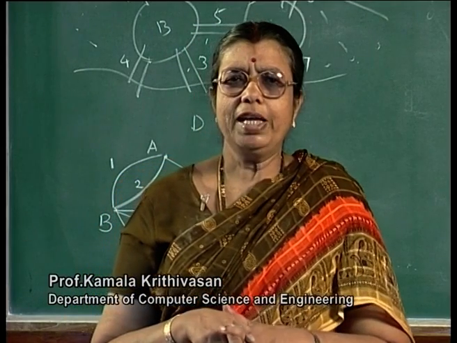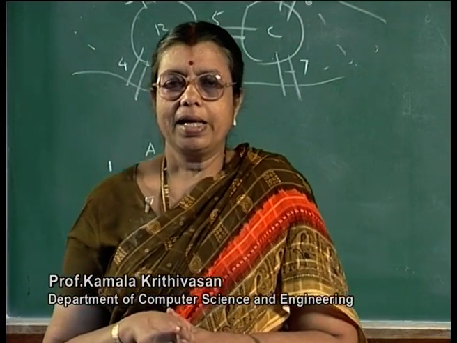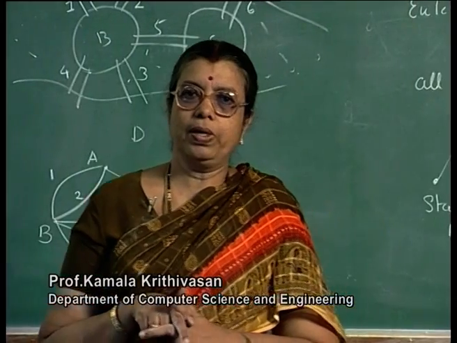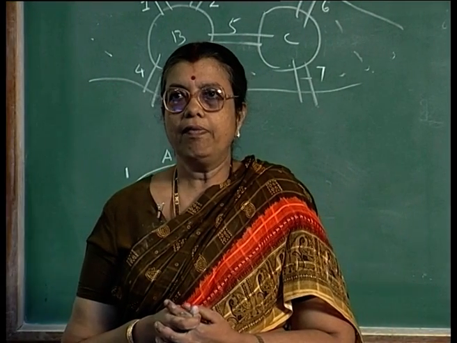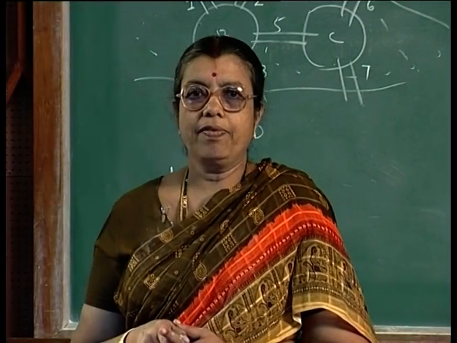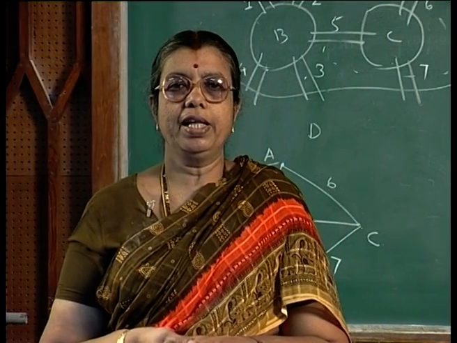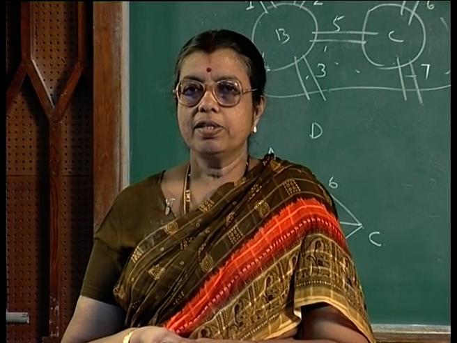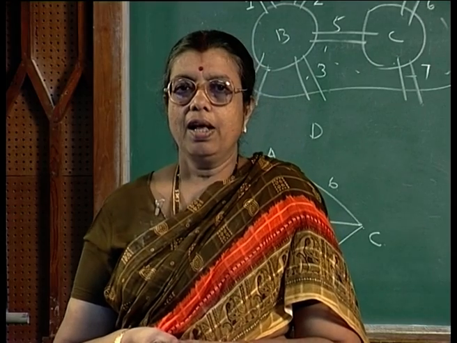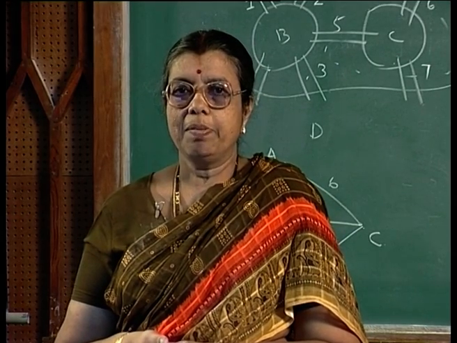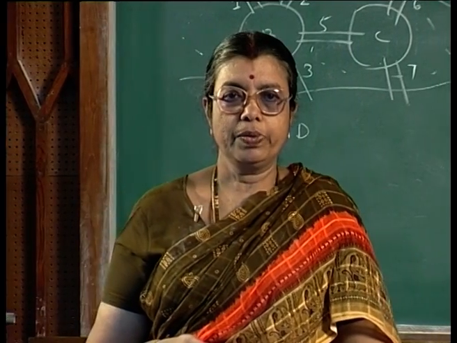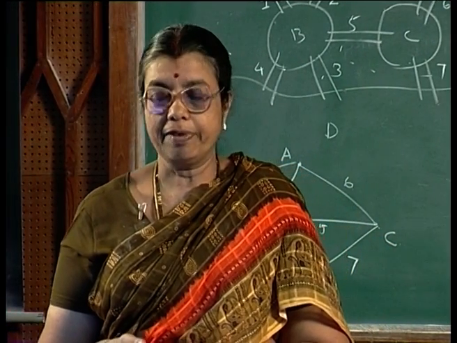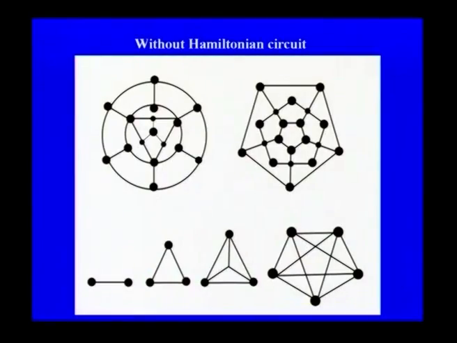The definitions look very similar, but the concept of a Hamiltonian circuit is much more difficult than that of an Euler graph. We can very easily characterize an Euler graph. If all vertices are of even degree, it is an Euler graph. There is no such easy characterization for finding out whether a graph has a Hamiltonian circuit or not. Some graphs do not have Hamiltonian circuits, and some graphs may have several Hamiltonian circuits, and so on.